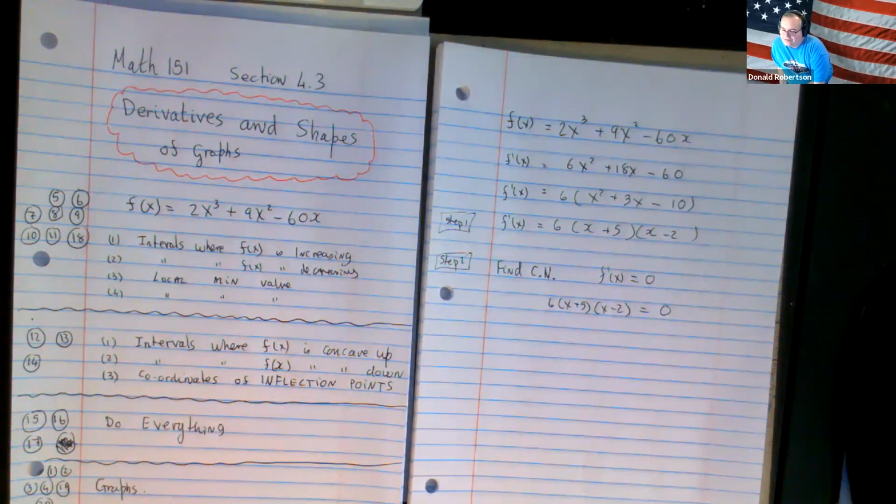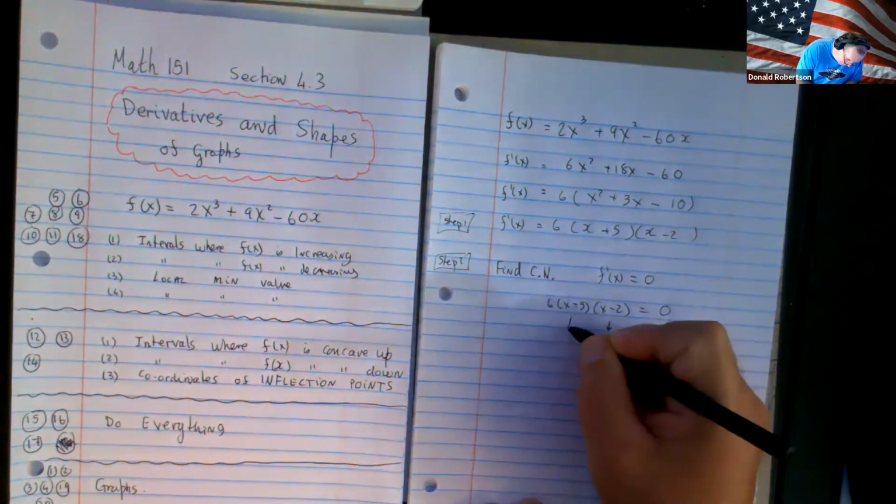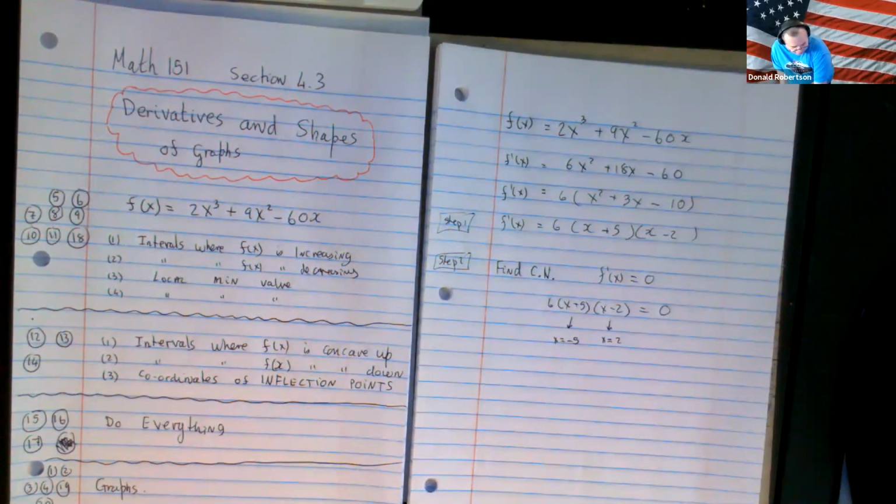Now, because I've done the style points, isn't finding when this is 0 very easy. It's going to happen at 2 locations. And these are our 2 critical numbers.